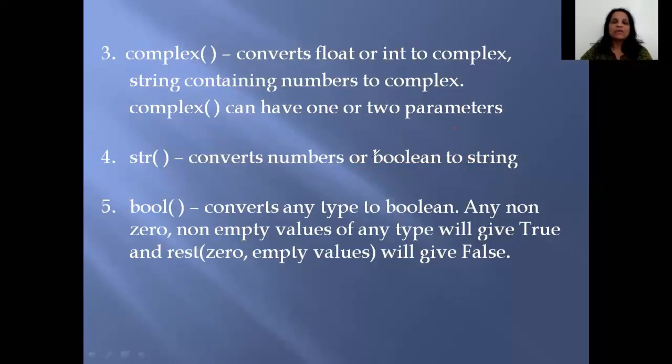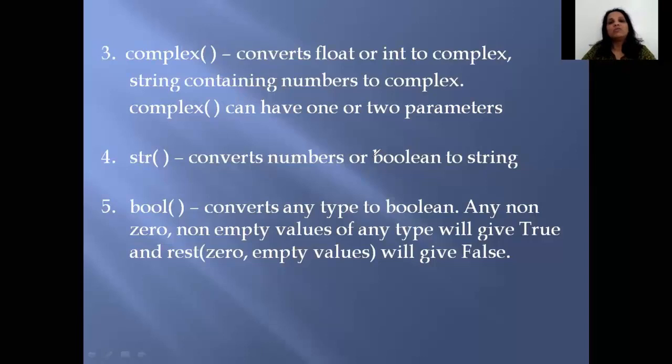If I have str of 1, 1 will remain 1, but it will be treated as a string, meaning internally it will assume it has quotes. Str of 12.5 will be internally treated as quotes 12.5. If you write str of True, it will be treated as quotes True. Is that clear?